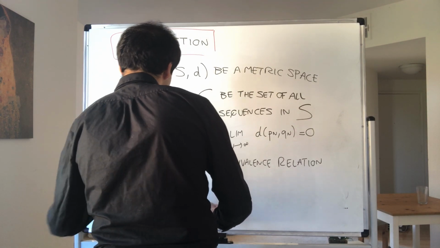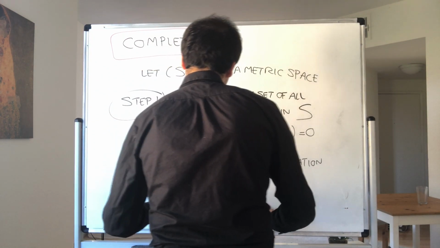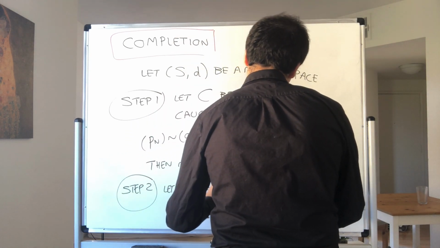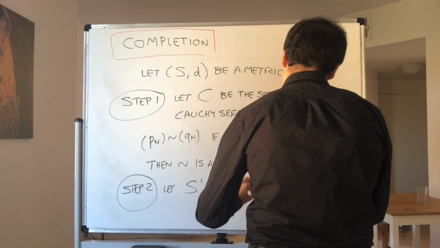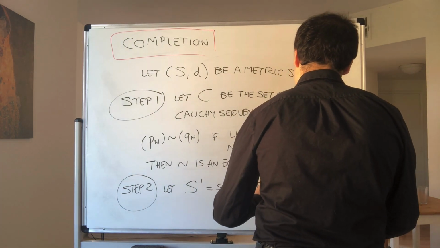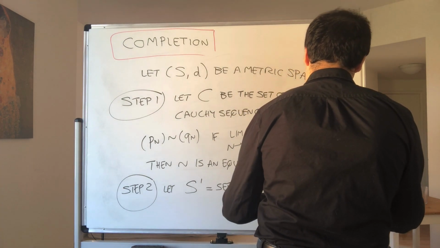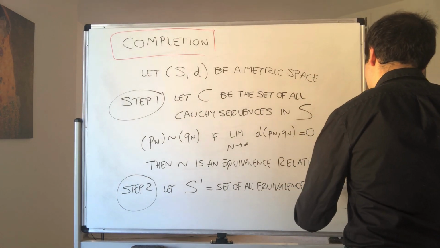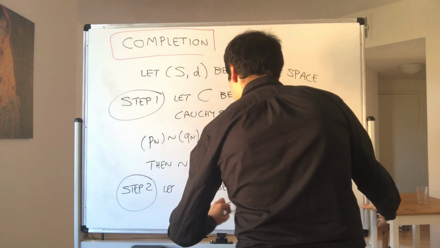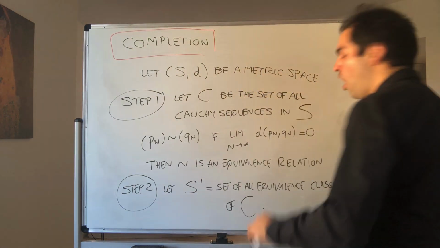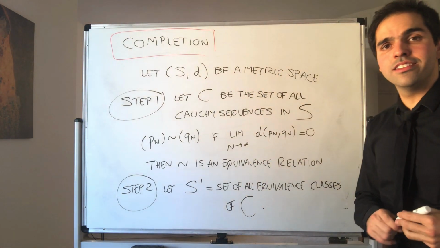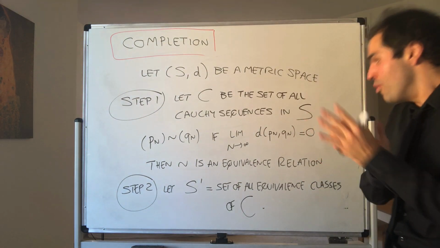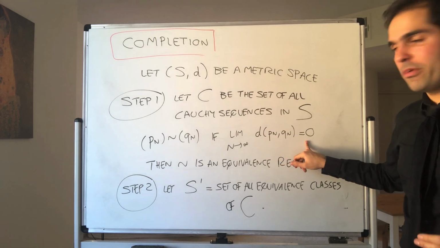So step 2. Let S prime be the set of all equivalence classes of C. In other words, consider all the Cauchy sequences except that we just say two Cauchy sequences are equal if the following property holds.